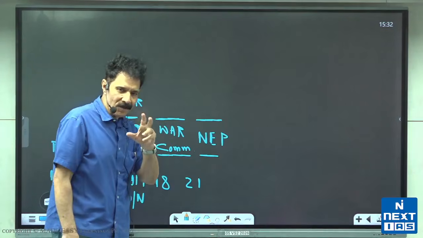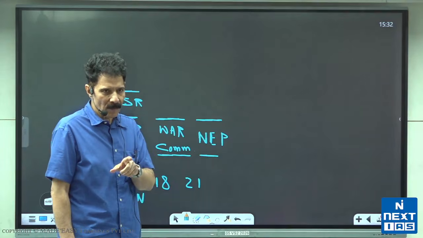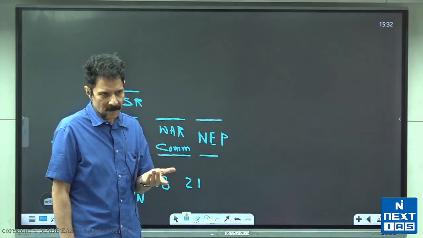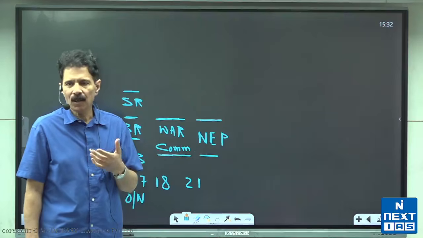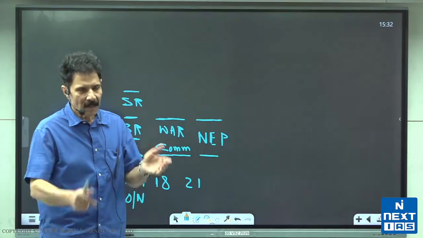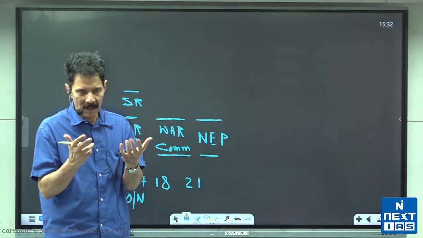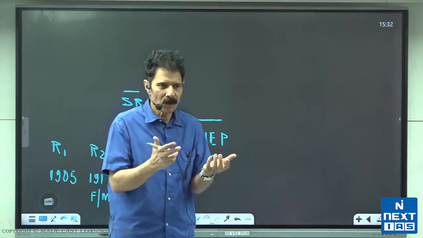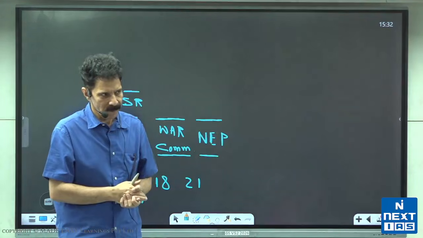He reorganized Russia in 1922 and Russia became USSR. So 1922 onwards, we don't use the term Russia, rather USSR. And he founded Comintern, that is Communist International, whose aim was to bring about communist revolution across the world.